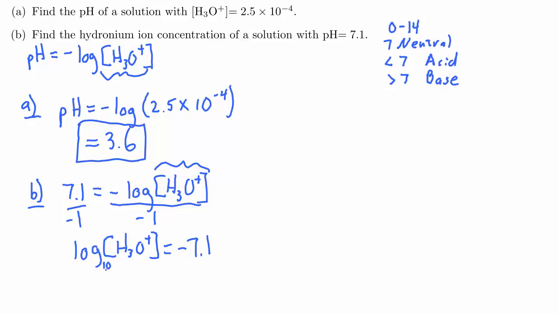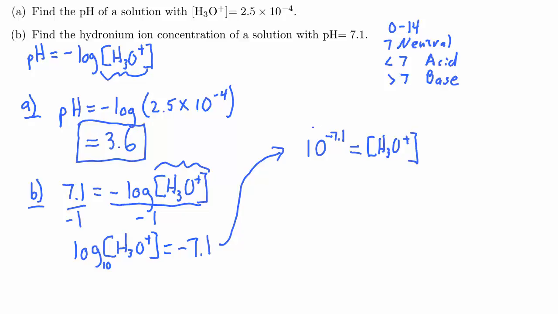Remember, it's a base 10 logarithm, so for my exponential, I'm going to have a base of 10. So I'm going to have 10 to the negative 7.1 is equal to the H3O+ ion concentration.